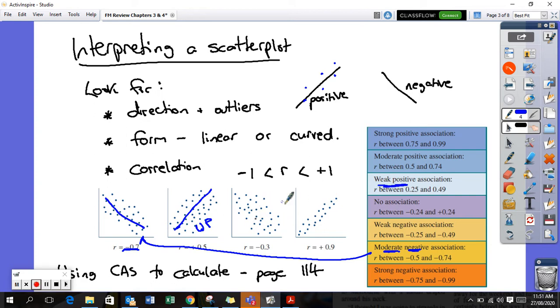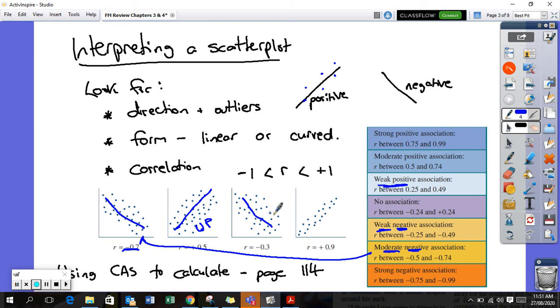This one, they're even a little bit more scattered and we're starting to not quite see so much trend. It's sloping downwards, so it's got a negative correlation, and this one is -0.3, which is also going to be a weak negative correlation. If it was much smaller, between -0.24 and 0.24, then we start to say there's no association.